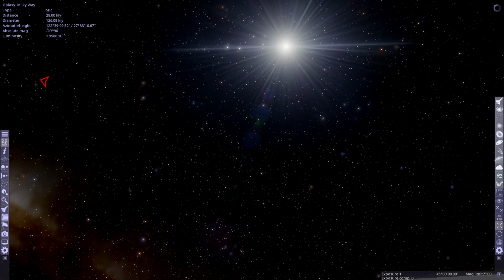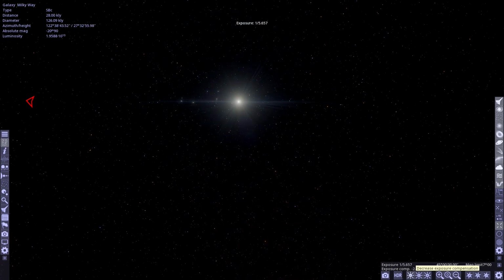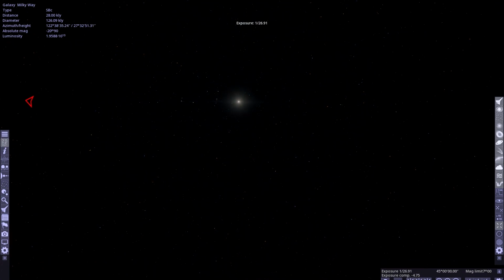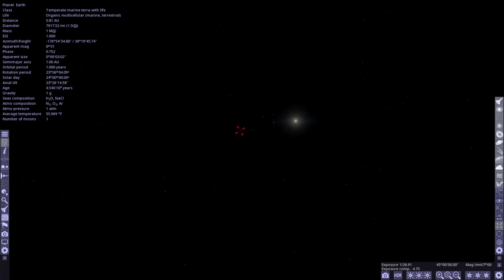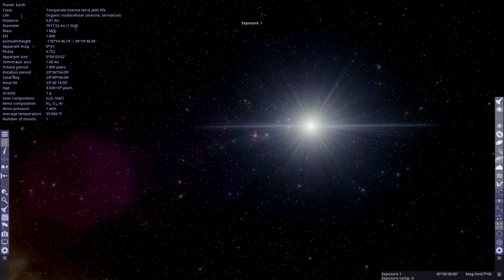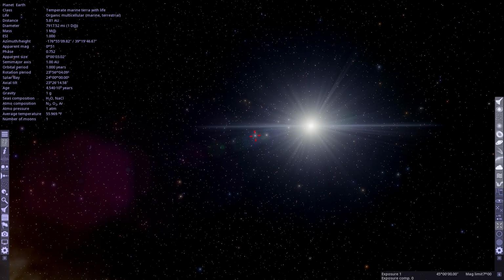So I'm guessing there's a pattern, and Earth is gonna be right next to the sun. So if we just set our exposure to like 0, let's find Earth. Oh, well, it's not right next to the sun, but I mean, it's still pretty close. Now from Europa, you can kind of see the moon.